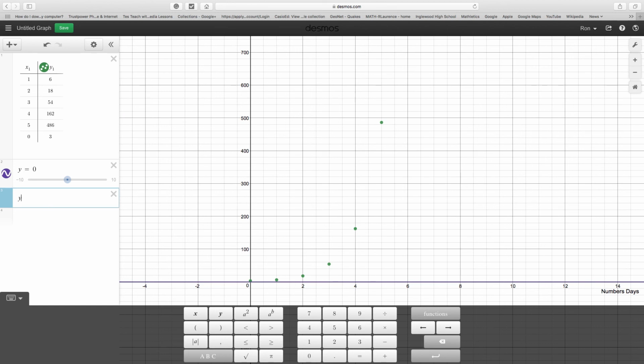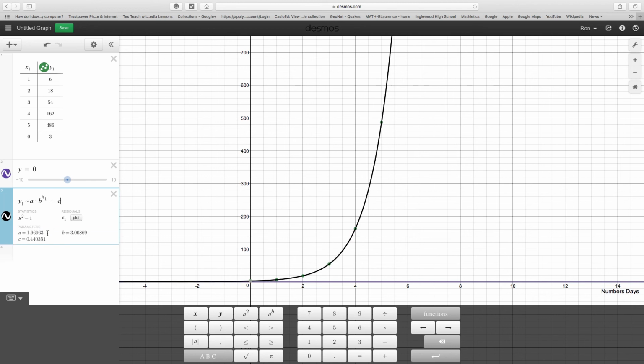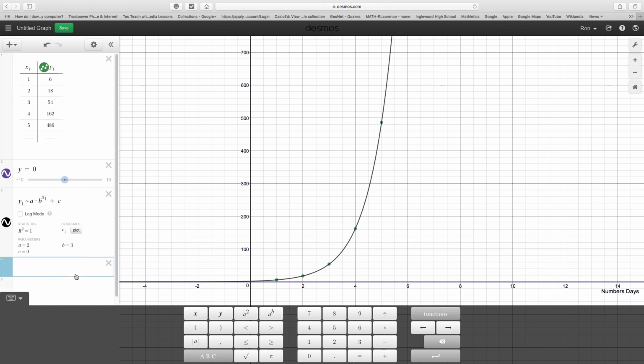I can go y1 equals a times b to the power of x1 plus c, and we can see that this would be 2 and this would be 3.